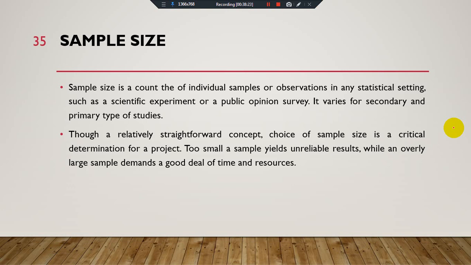Too small a sample yields unreliable results, while an overly large sample demands a good deal of time and resources. So you have to use a relevant sample size, whether you are doing a primary study or a secondary study. Sample size is very important for your estimation technique, or estimation methodology, as well.